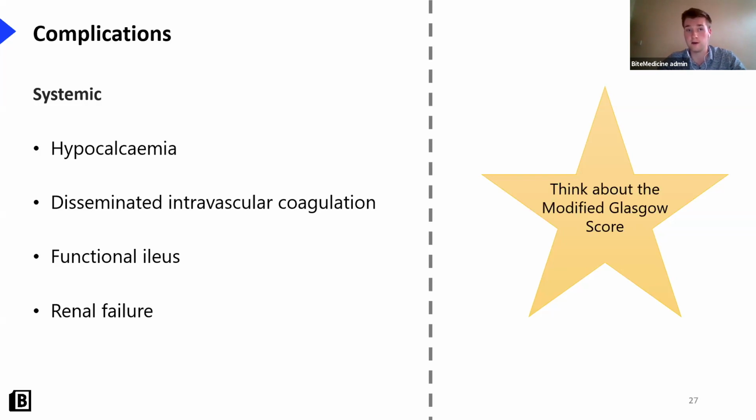Now, in our question just there, the two signs that were relevant to hypocalcemia were Trousseau's sign and Chvostek's sign. So Trousseau's sign is spasticity of the hand and forearm that usually occurs when a blood pressure cuff is inflated.